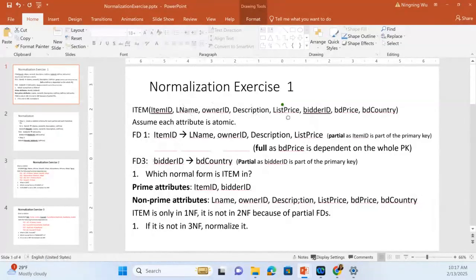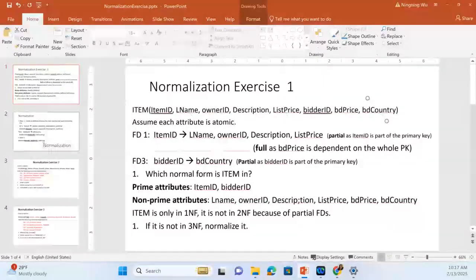For the FD2, the same thing, we only cross out the attributes on the right side, or the dependent attributes. So now we have bid country. The remaining attributes should be the ones that we need to include in the final relation schema produced at step 2.